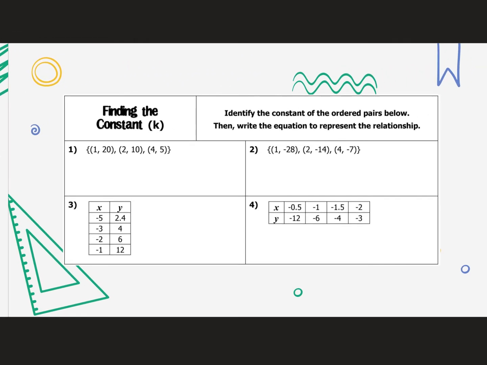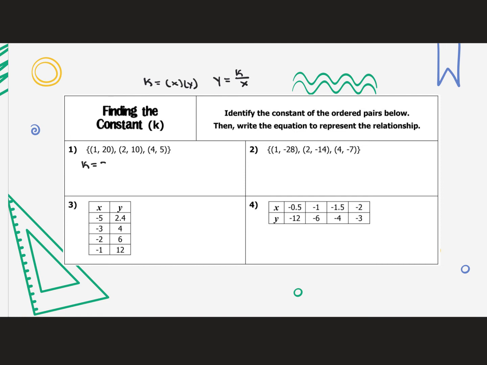All right, so for the examples, identify the constant of the ordered pairs, then write an equation to represent. Remember, the equation of an inverse variation is y equals k divided by x. Remember, we find the constant k by multiplying x times y. So here we see that 1 times 20 is 20, 2 times 10 is 20, and 4 times 5 is 20.